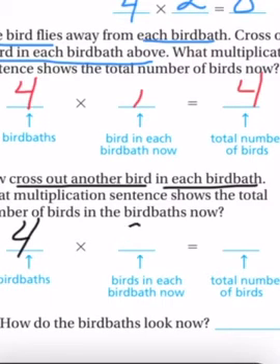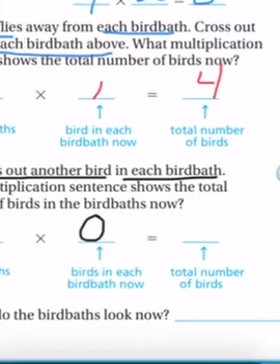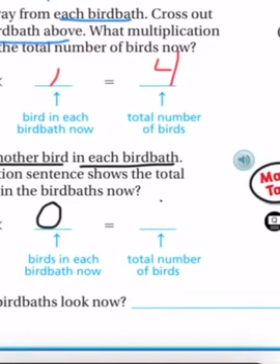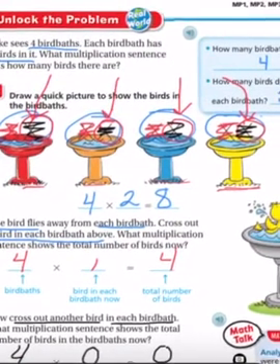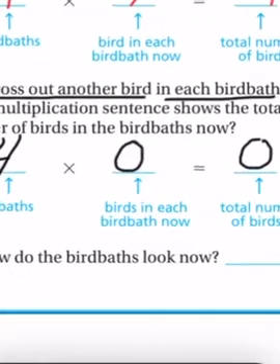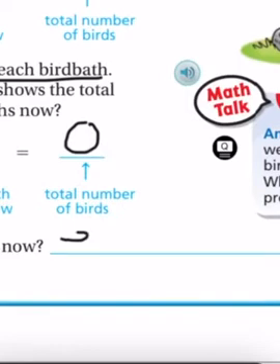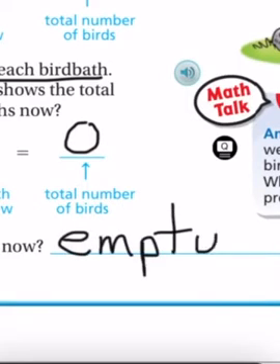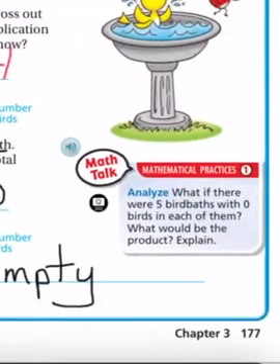There are no birds in the baths, and so 4 groups of nothing is nothing. We have no birds in there. Right? I crossed all of them out. So 4 times 0 equals 0. The question, how do the bird baths look now? Well, they are empty.